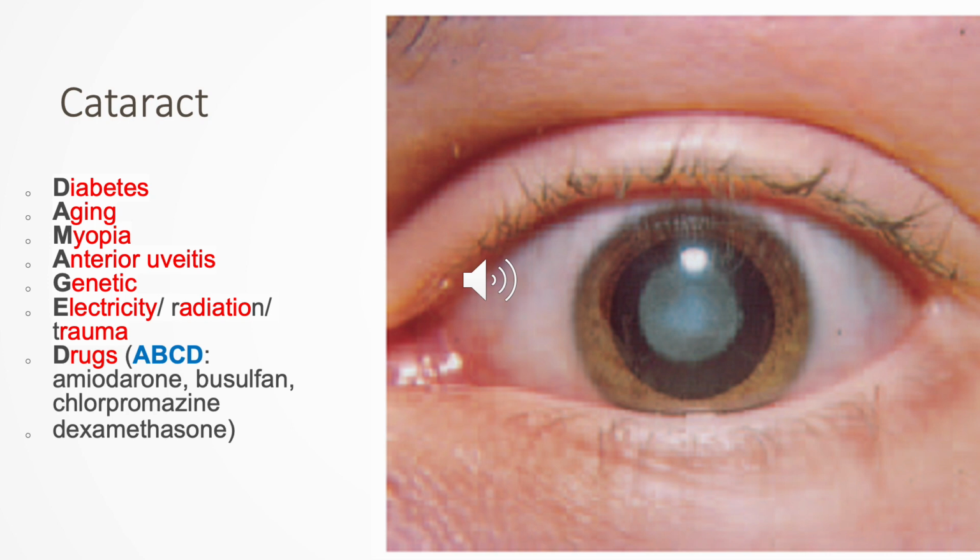Anterior uveitis, genetic, so there's a genetic component. Electricity, so trauma. Radiation, being out in the sun too much, okay? That can cause cataracts. And certain drugs can also cause cataracts. Dexamethasone, I think you'll be learning about soon. That's a corticosteroid that can cause cataracts.